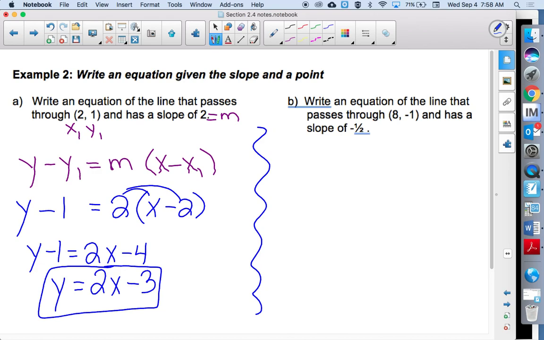Make sure you simplify it. So you shouldn't have parentheses in your answer. Everything should be simplified out.